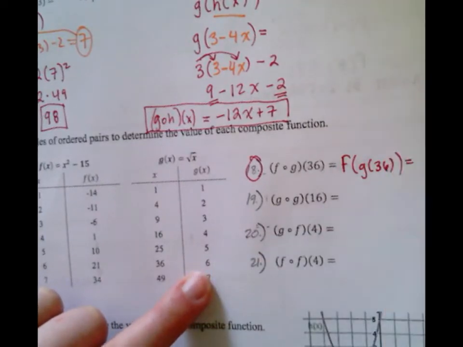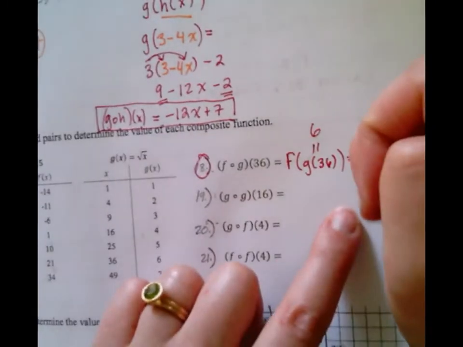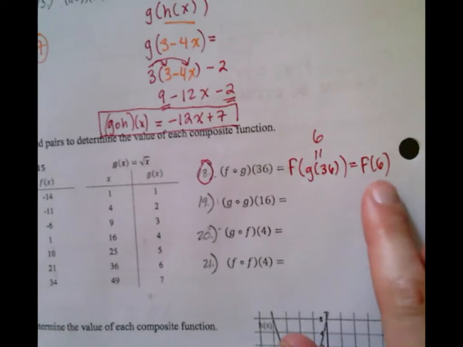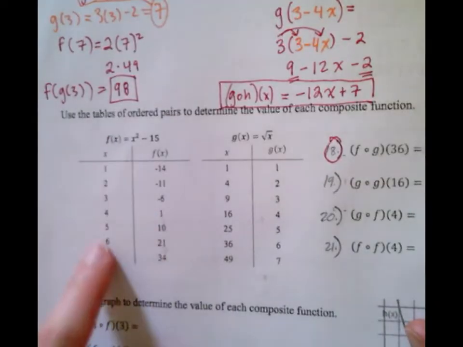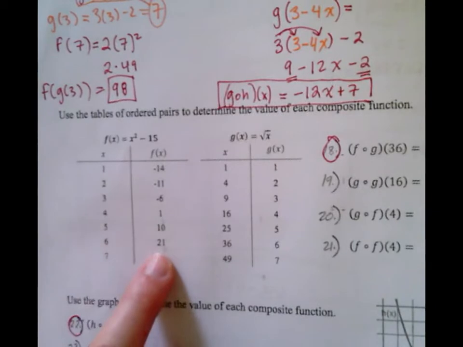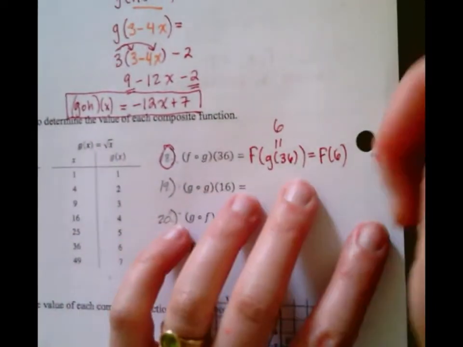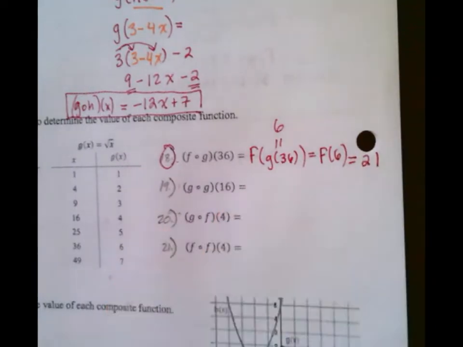So since g of 36 is equal to 6, I'm just replacing it with 6. So this becomes f of 6. Now I need to go over to the table and say, what is f of 6? Well, when x is 6, f of x is 21. So I know that my final answer here should be 21.